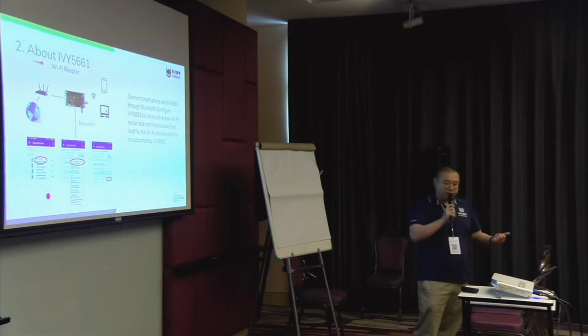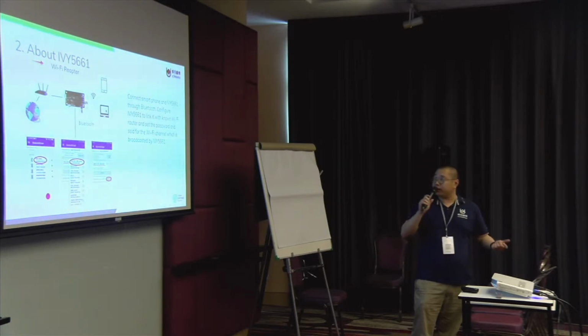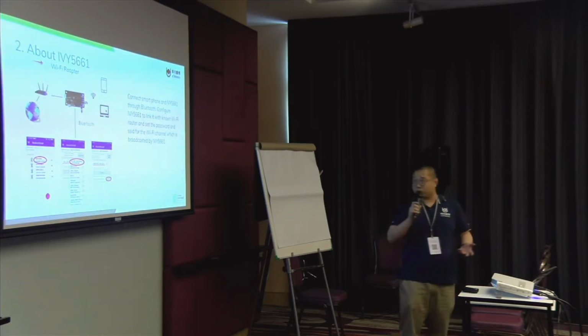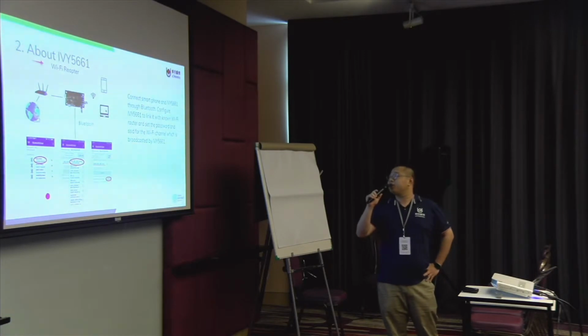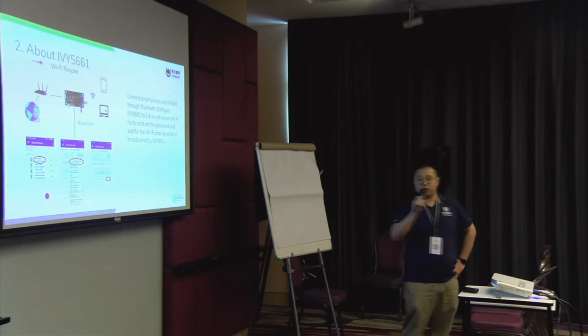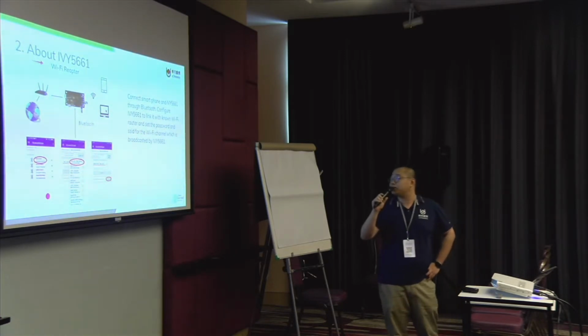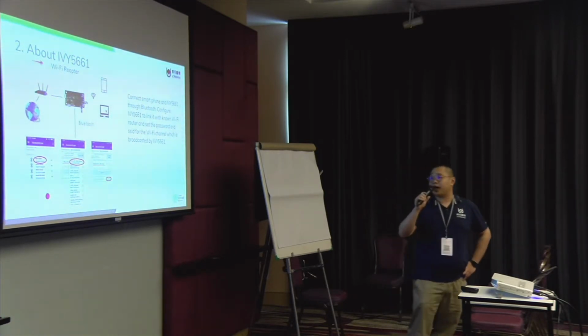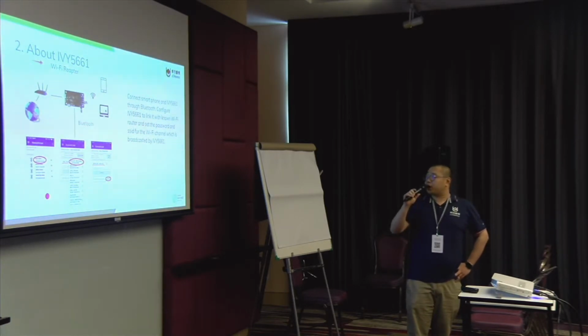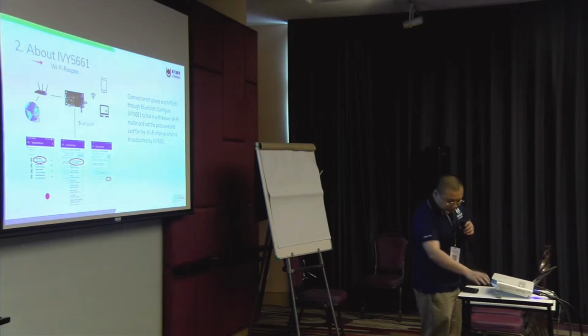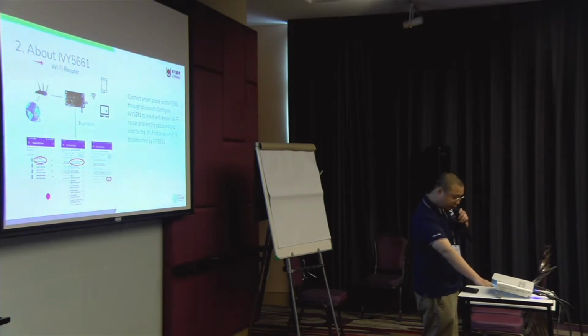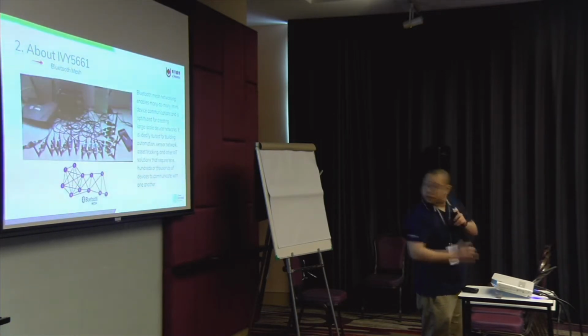You can connect the board with your smartphone through Bluetooth and configure the board to link the non-Wi-Fi router, the access point, and set the password, set the SSID, and just click the start button. It will broadcast the Wi-Fi signal for the other smart devices.